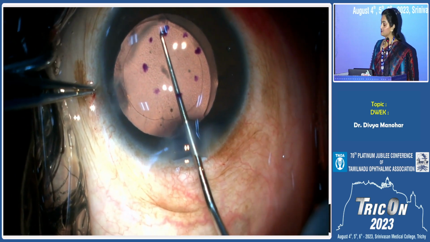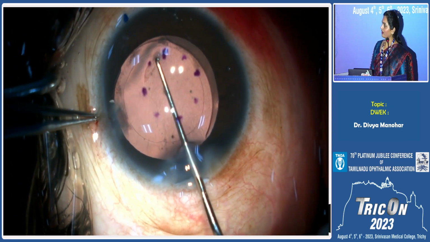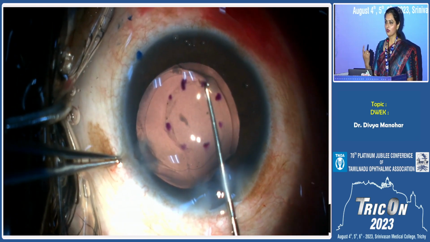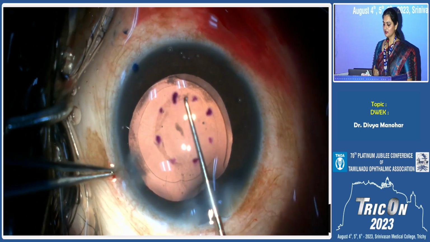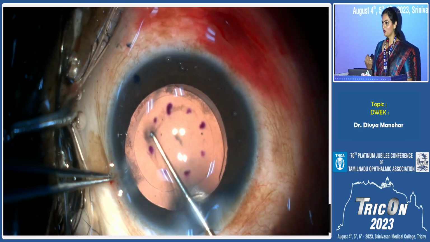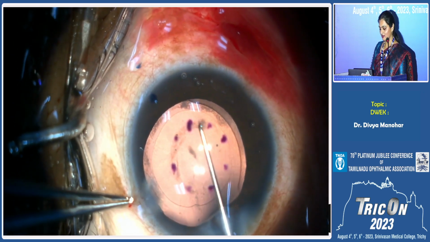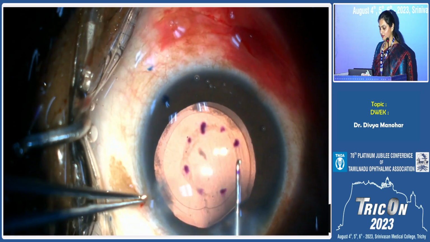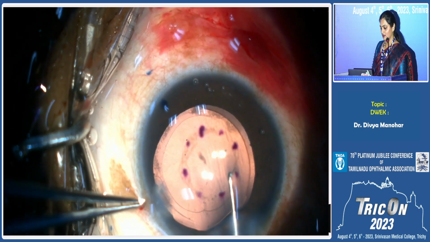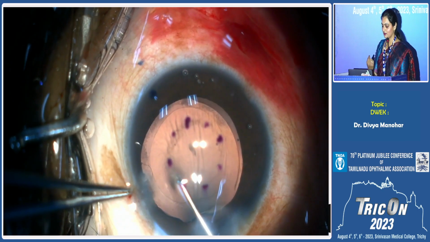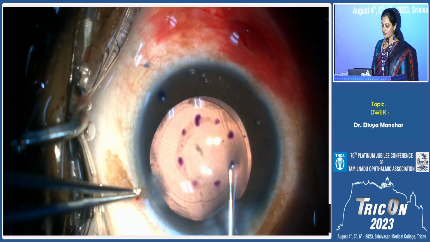I use a reverse Sinskey to do the scoring. Always make sure that you do very gentle scoring. You don't want to scratch the stromal layers, because you can have fibers that come out when you do a deep scratch, which can again cause scarring. So do a gentle scoring for the descemetorhexis. Some surgeons, I've seen videos where they just do the scoring, use a forceps and then complete the descemetorhexis.